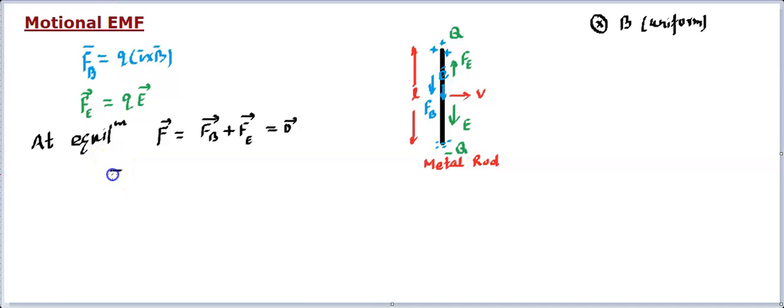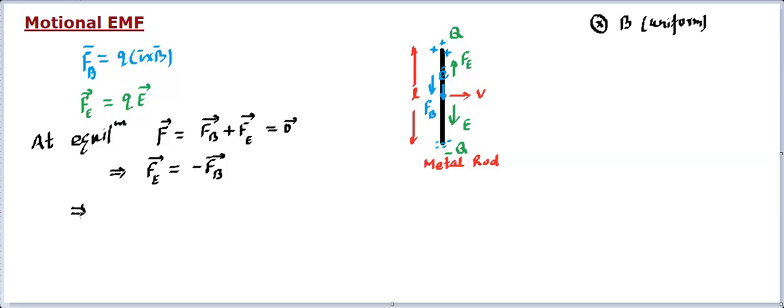So from here we will be able to say that this force due to the electrostatic field is going to be the negative of the force due to the magnetic field. And these formulas we have already listed, so we can put in the values of these forces.